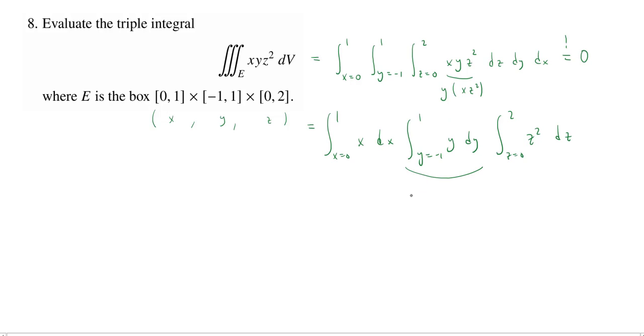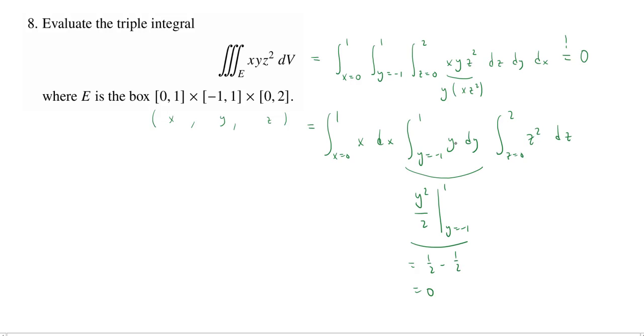So for this one here, if we anti-differentiate y, we get y squared over 2, y goes from -1 to 1, and this piece then will equal 1/2 minus 1/2, which is 0. Alternatively, you might say, hey, look, y is an odd function.